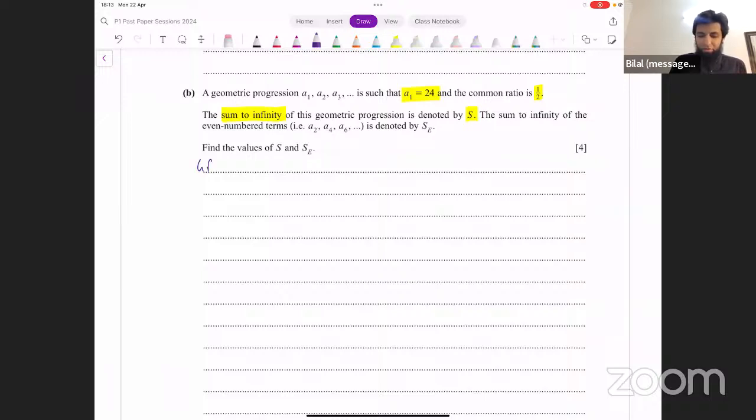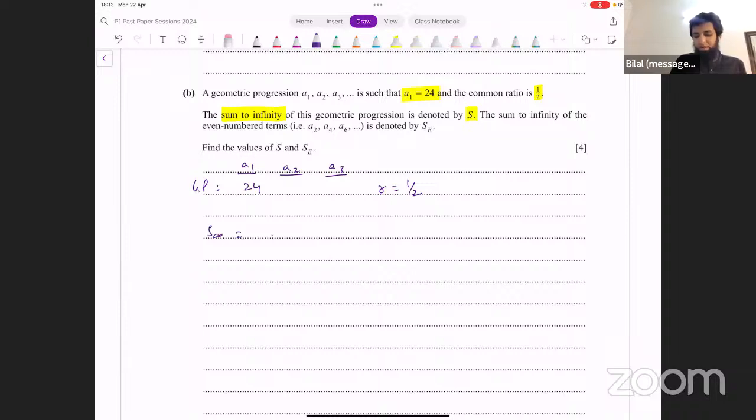So we have a geometric progression, and the first term is 24, right? In fact, they're using A1, A2, etc. later on. So let's write it like this instead. We say this is A1, and this is A2, A3. You've got the first term, that's 24. And now the ratio is 1 over 2. Can you write down the sum to infinity of this?